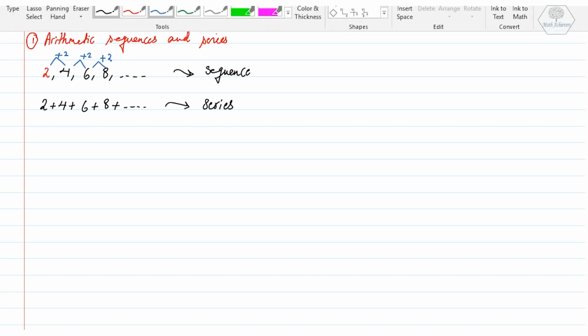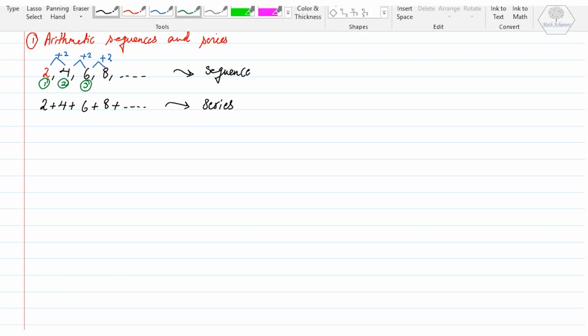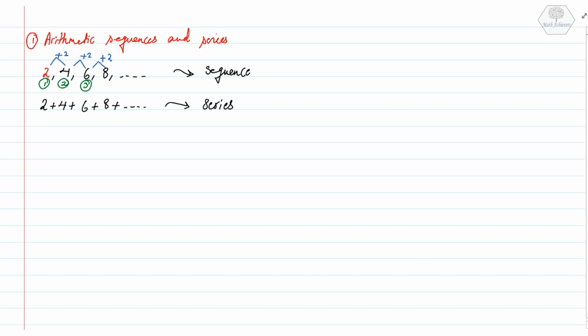So to test for an arithmetic sequence, let's say this is my first term, this is my second term, this is my third term. If U3, which is the third term, minus the second term, which is U2, is equal to U2, the second term, minus U1, the first term, then it is an arithmetic sequence.